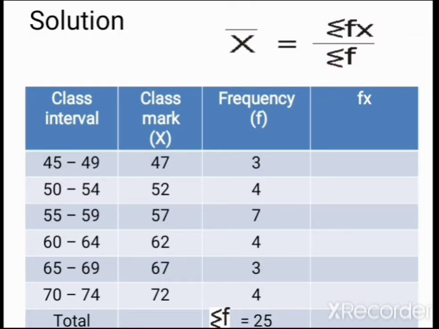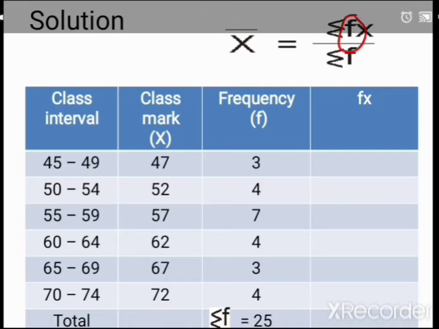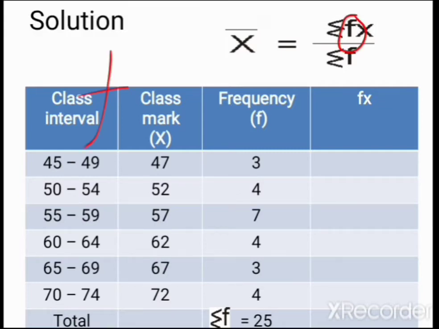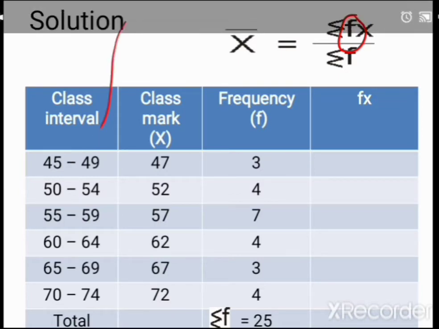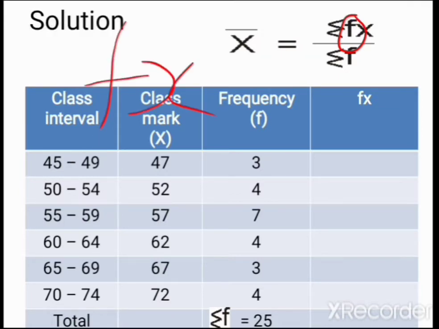Now let's focus on fx. What is the meaning of fx? f times x, which is frequency times our class mark. Before now, I've taught you how to calculate your frequency using tally from grouping of data, and I've taught you how to get your class mark.